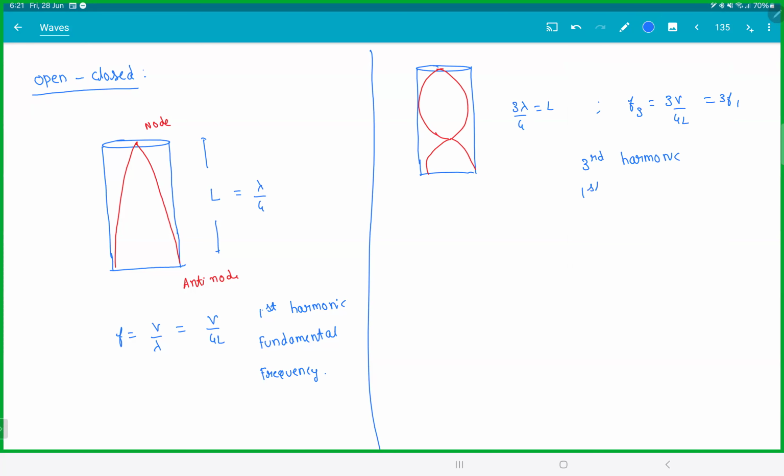Like I said, you can see a lot of similarities, exactly same thing. So we can write a general formula here. Fn is equal to 2n plus 1 V by 4L, where n is the overtones. And remember, in this case, even harmonics are missing.